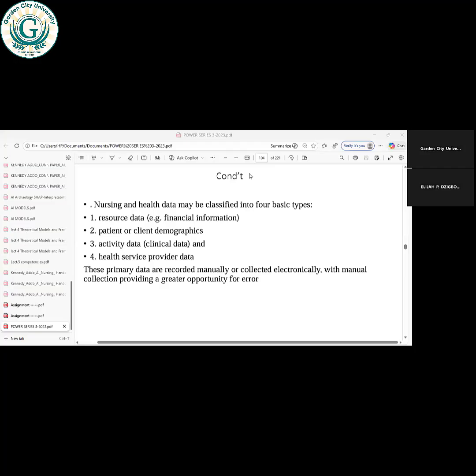And when we go to the health service data, for example, over here we can say basically the data that we have gathered from our activity, how we have aggregated them, how we have analyzed them, and the interpretation we give to such data.